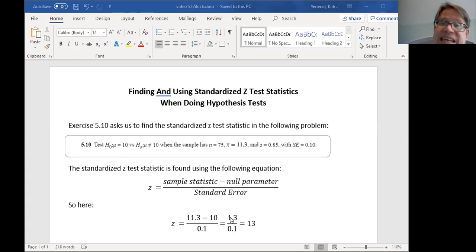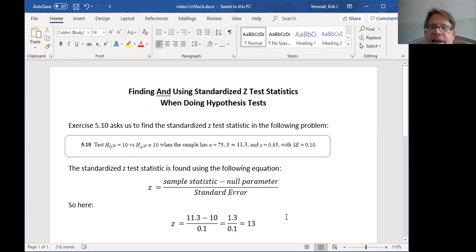Now, to get our standardized z statistic, we're going to divide that result by 0.1, which is our standard error in the problem. 1.3 divided by 0.1 is going to give us a standardized z statistic of 13. So that is the answer to this problem.